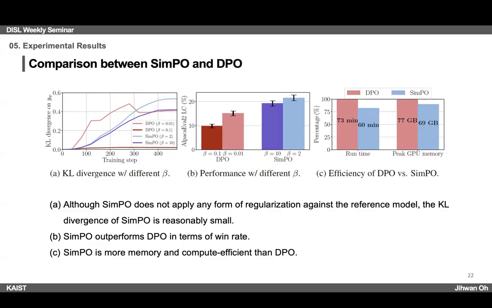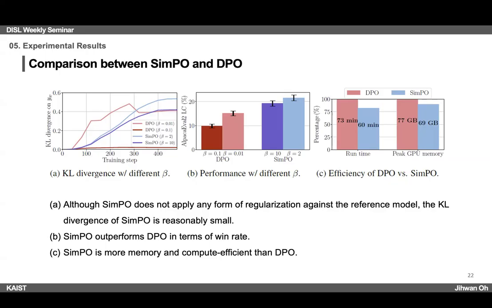Anyway, next in plot B, we compare the win rate score on AlpacaEval 2 using different beta values. SimPO outperforms DPO on both test settings, especially at beta equals 2, where it achieves the highest win rate score. And finally, plot C shows the efficiency comparison. SimPO is faster.